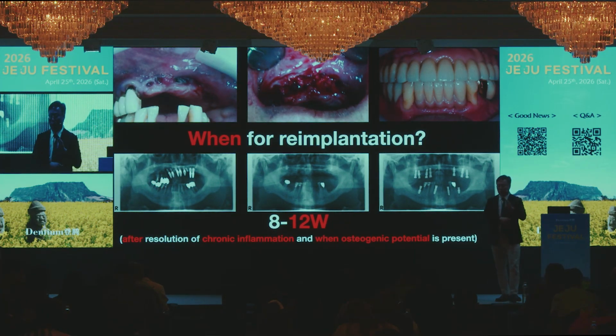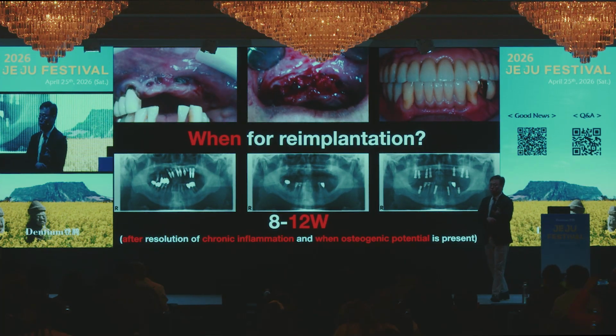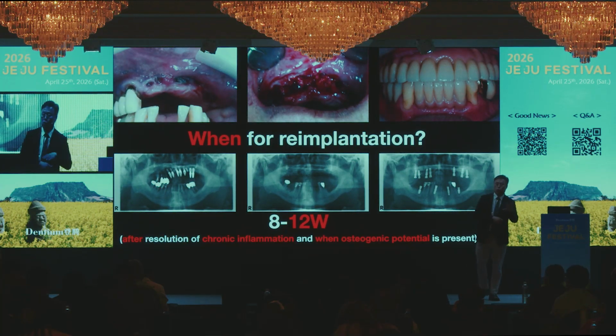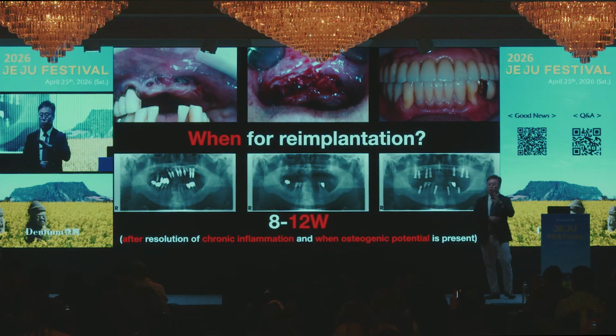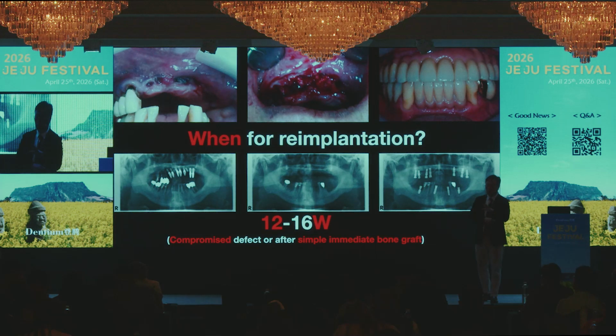it will be much more helpful for the newly placed implant. After resolution of the chronic inflammation takes around 8 weeks. And also, after 12 weeks, all the osteogenic potential decreases. Therefore, 8 to 12 weeks is the ideal timing for reimplantation.